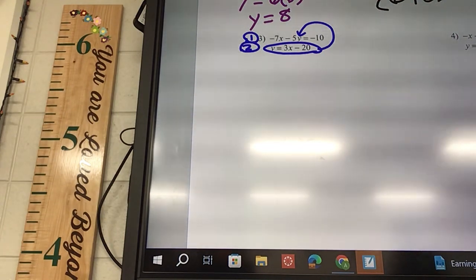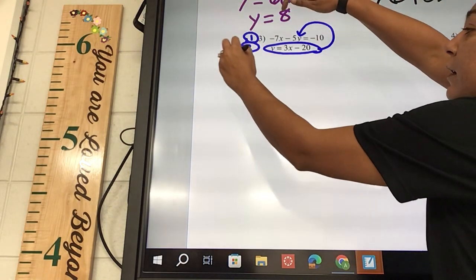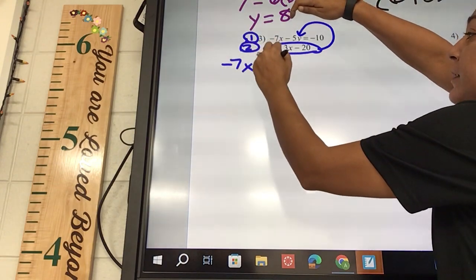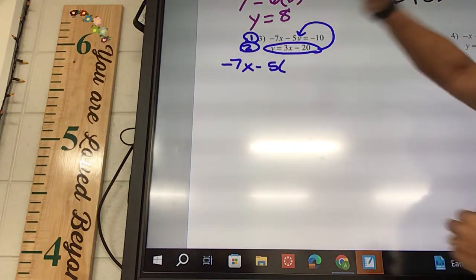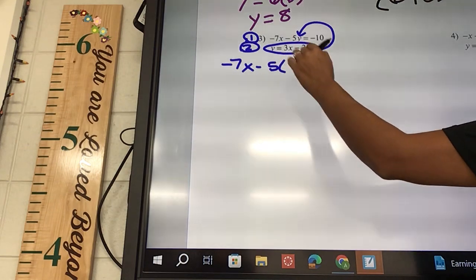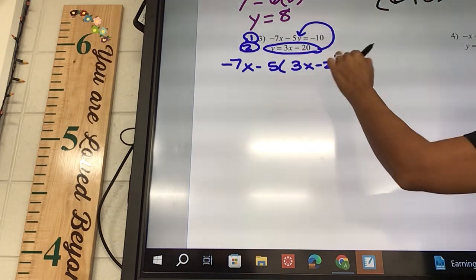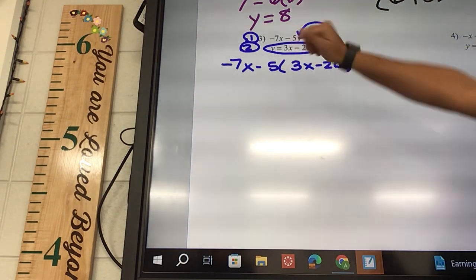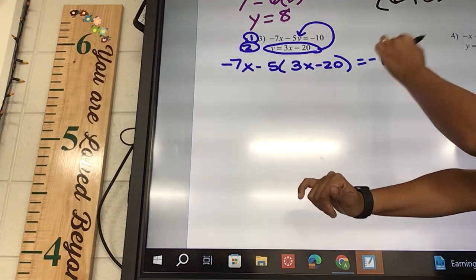So we're going to write down equation 1: negative 7x minus 5. And instead of y, what am I now putting there? 3x minus 20. So 3x minus 20, and then we have an equals negative 10.